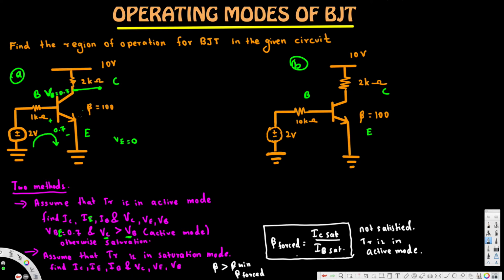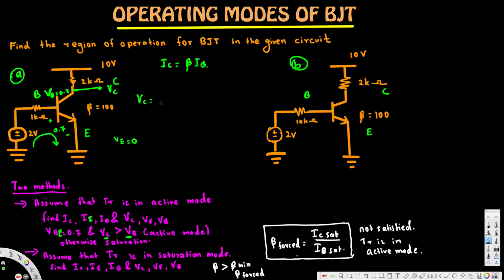To find the IC current, first we have to find out IB, because here we have the beta, and IC can be calculated using beta times IB. If we multiply IB by beta, that's going to give us the IC current. So after that, we can find the VC.